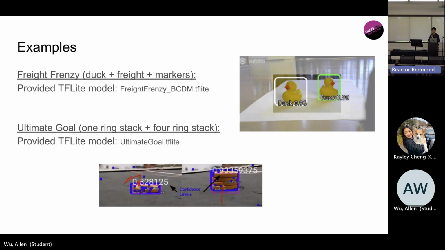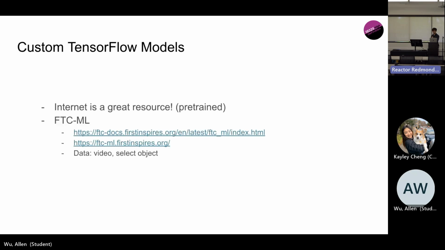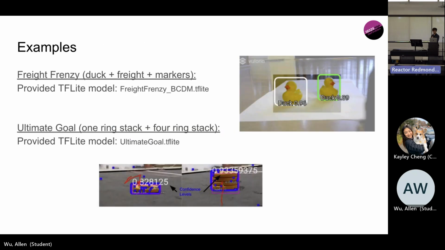Last year, they provided a TensorFlow model to detect a few more things. BCDM was its name, and that means ball, cube, duck, and markers. Last year, the game was played with yellow cubes, white balls, and yellow ducks, as well as tape markers, which, I don't have a picture of it, were basically square tape markers on the ground.